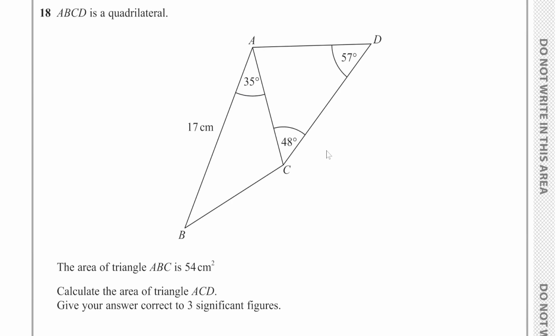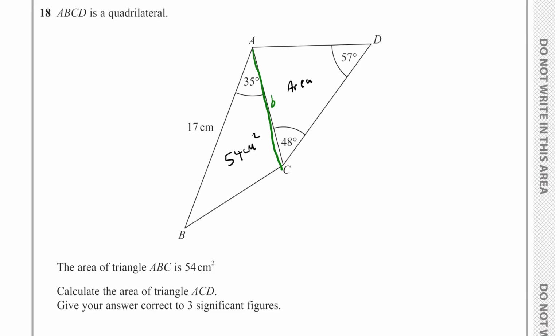ABCD is a quadrilateral. The area of ABC is 54 centimeters squared. Calculate the area of ACD. So we're going to use half ab sine C to find this length. Let's just call it little b.